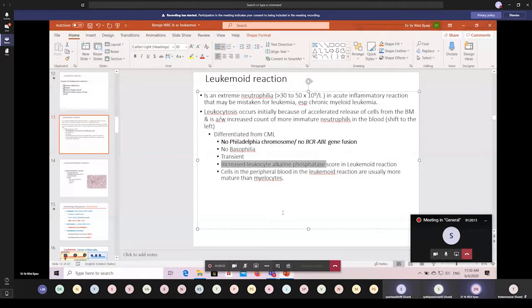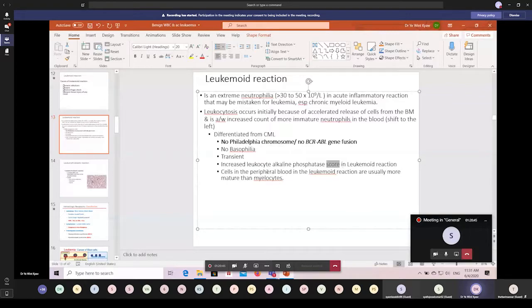Because the number of neutrophils increases, but the function is not normal. In leukemoid reaction the function is okay, the score increases because of well function. In leukemia, this score is reduced because even though the number increases, their function is not good. Okay.